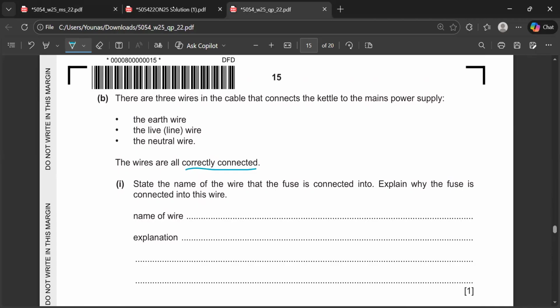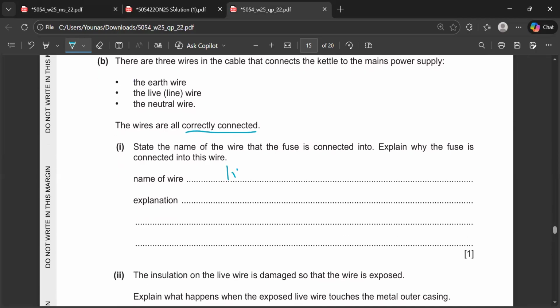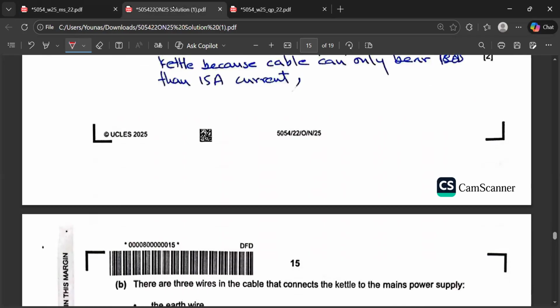You see, we always connect the fuses in the live wire. And why do we connect in the live wire? So that when the fuse blows due to the surge of the current, if it's connected in the live wire, it will isolate your appliance from the high voltage live current, and the appliance will become safe for repairing.